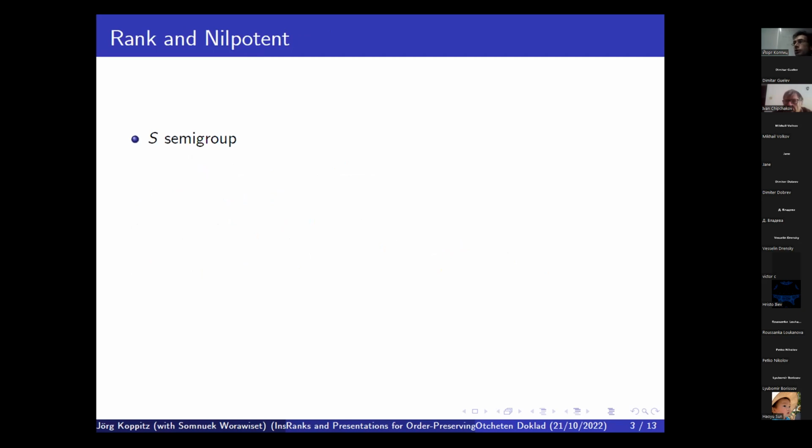Now we want to consider ranks. Let S be any semigroup. Then the rank of the semigroup is the smallest size of a generating set of S. And for example, the rank of the semigroup On is n.